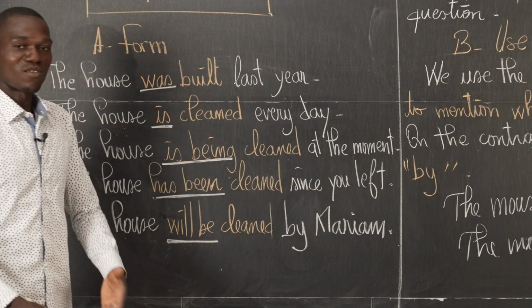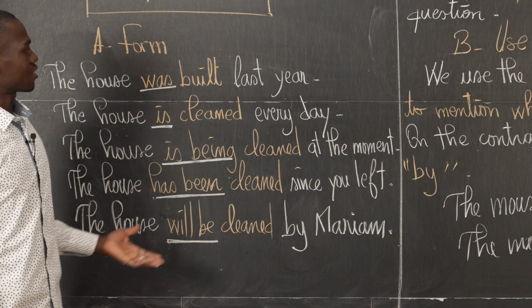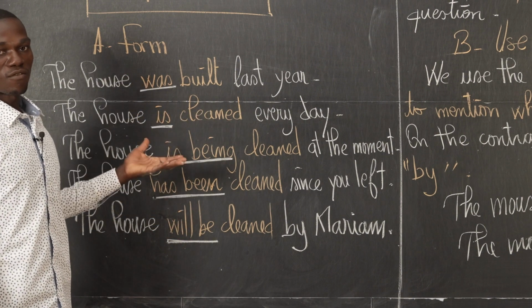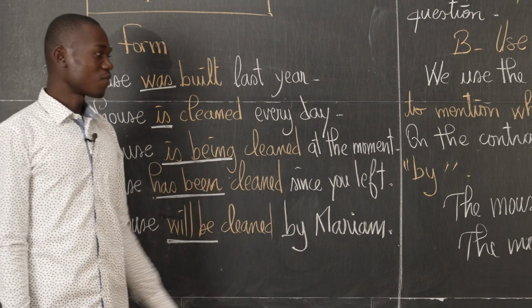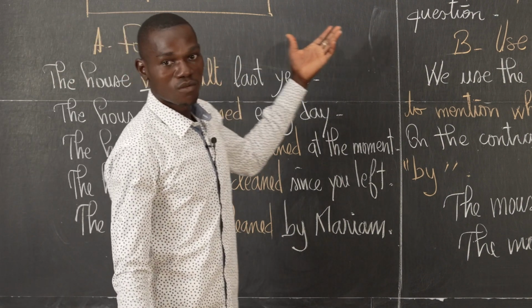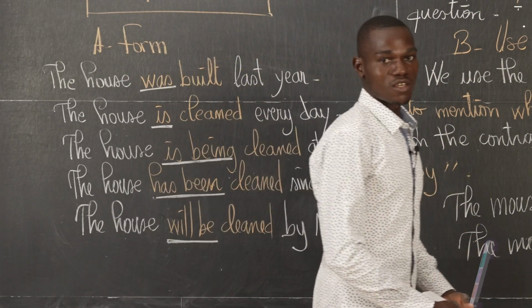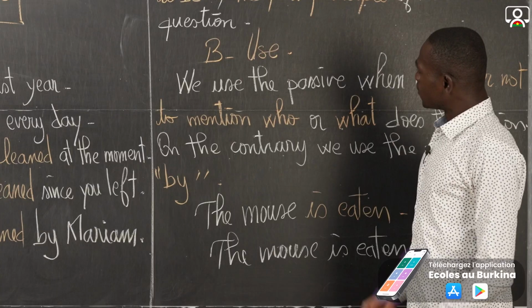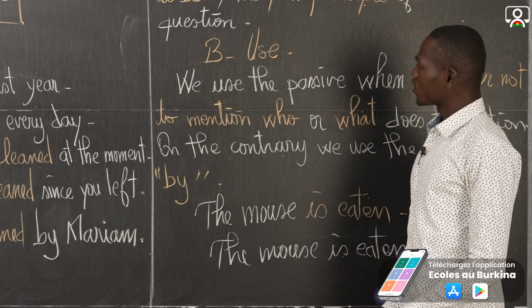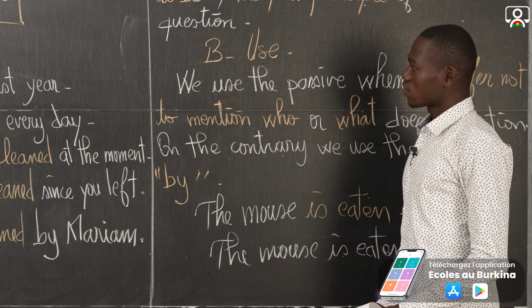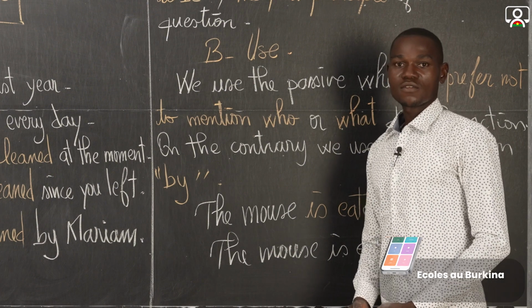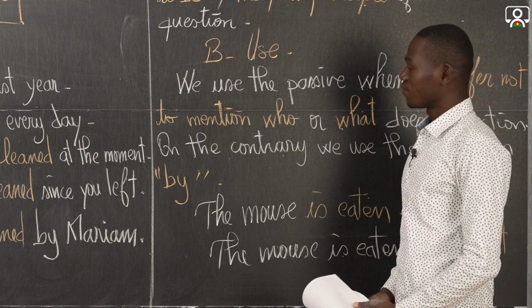Okay? So by Musa, because you want to precise who built the house. But here the person who does the action is not considered. So point B marks the end of our lesson on the passive.